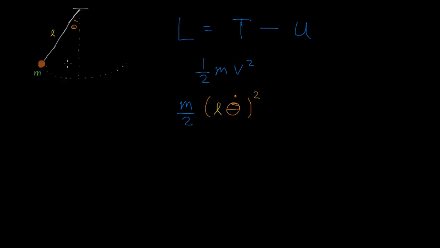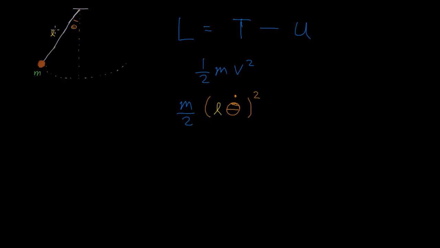If this is traveling along a circle and there's a certain change in the angle, the arc length, the distance that the mass on the end has gone through, will be equal to the length of the string times the angle, if the angle is in radians. So L times theta is the arc length, and the derivative of the distance, or the change in distance, is the velocity.